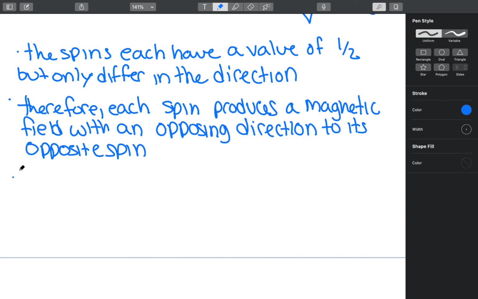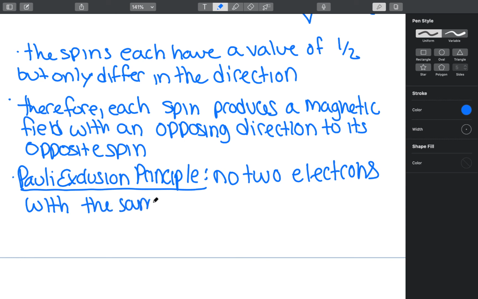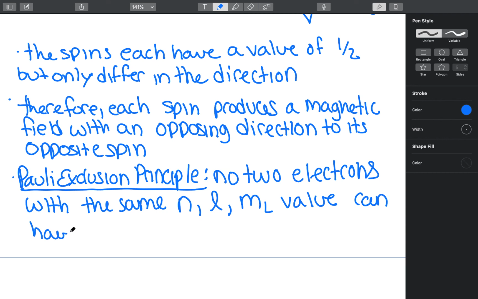The Pauli exclusion principle states that no two electrons with the same n, l, and ml value can have the same ms value.